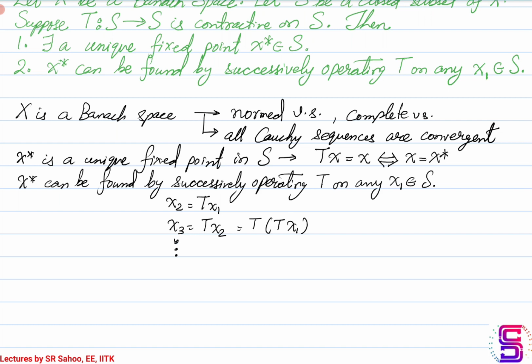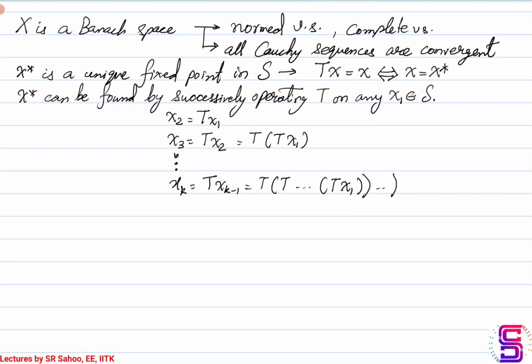Similarly, you keep on generating these vectors, so basically you have k minus 1 operations, and as the sequence approaches infinity, you will see that xk will converge to the fixed point x star.